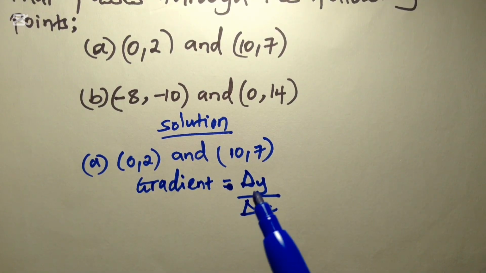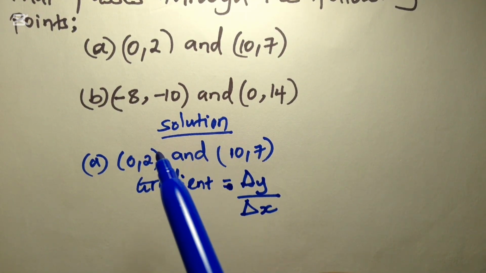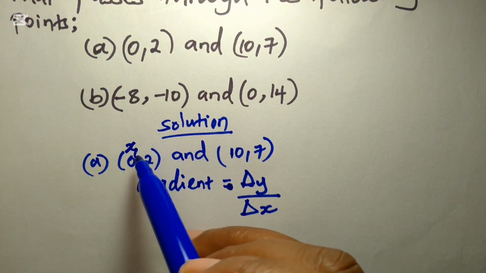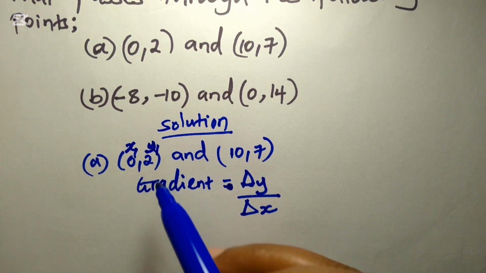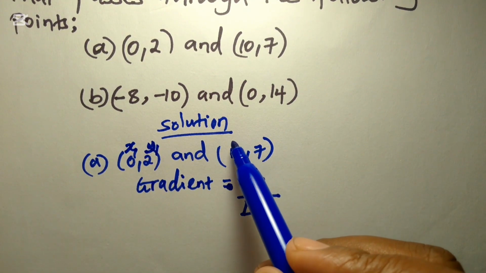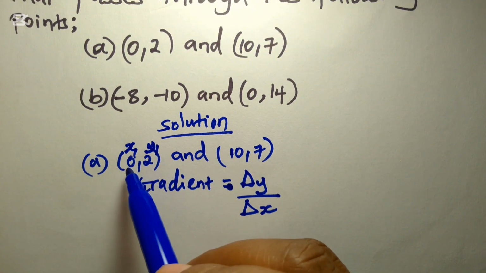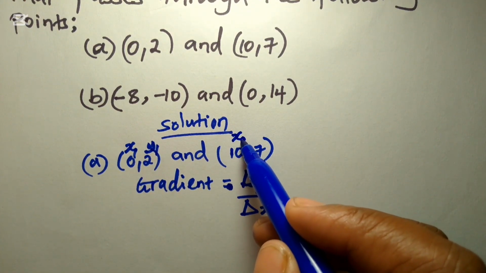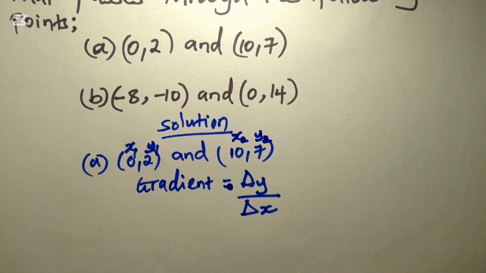We can call these x1, y1, corresponding to 0 and 2, and then x2, y2.